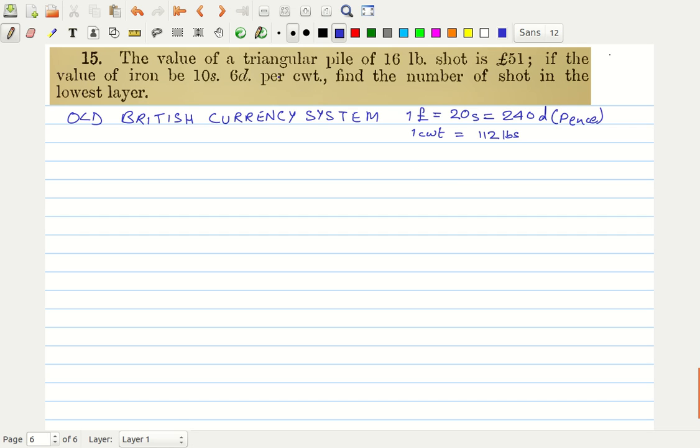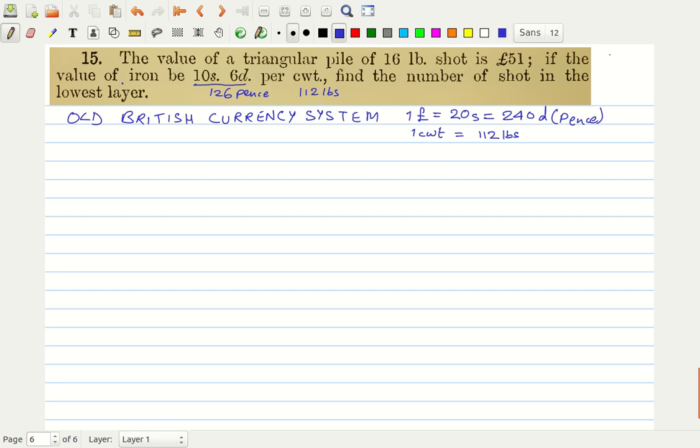I don't know why they use the abbreviation D, but it means pence. Similarly, CWT is called hundredweight, and the conversion is 1 CWT equals 112 pounds. So with this knowledge, the value of the iron is equal to 10 times 12, 120 plus 6, is 126 pence for 112 pounds.